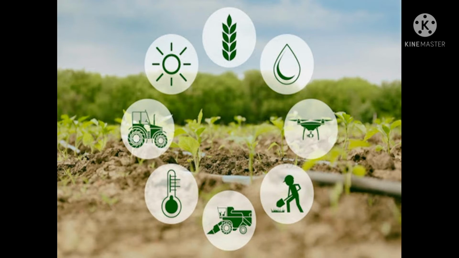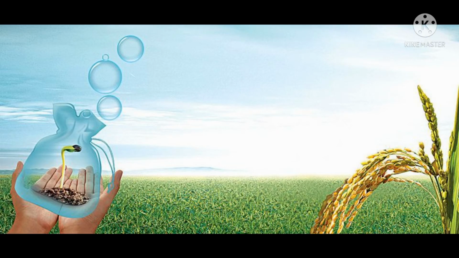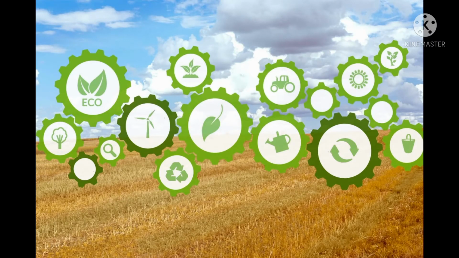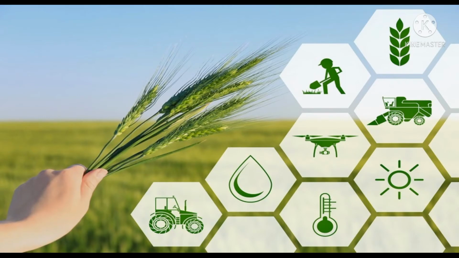Hilly areas support limited agriculture due to thin and rocky soil, soil erosion, difficulty of using machines and less population, but certain crops like fruits, for example apples, sea buckthorn and apricots, grow better in the mountainous areas. Tea and coffee are grown on well drained hill slopes.